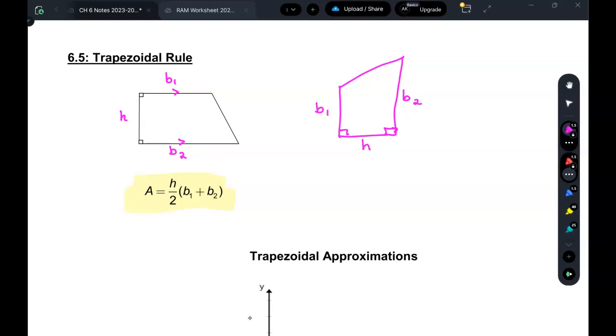There's a reason for this. The height is now going to be represented by our subinterval length, whereas yesterday, the base of the rectangle was our subinterval length. Now we have to think of it as a trapezoid that's switched around.